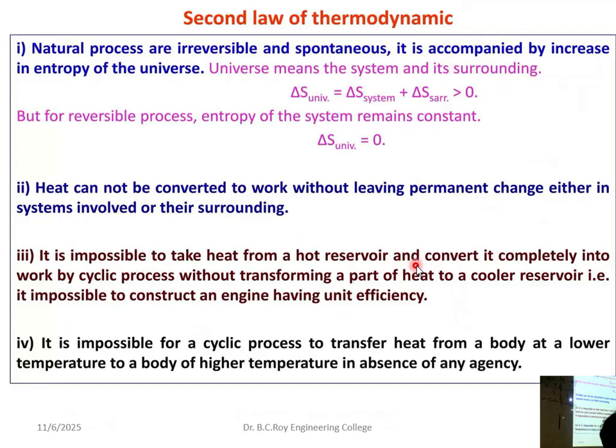Next, apply different conditions. Isothermal. So from this equation, if it is isothermal, what do you get? ln T2 by T1 will be equal to 0, or not? Isothermal means temperature constant. So T1 equal to T2. So this part will vanish or not?